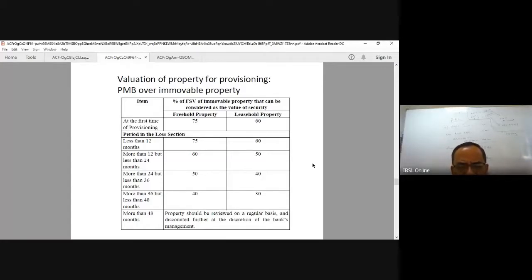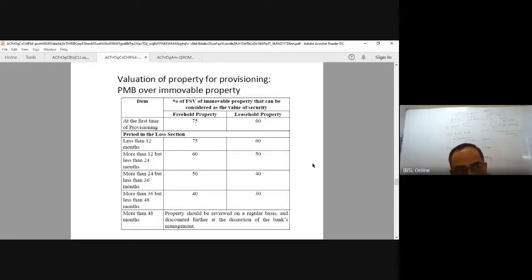Now, what do you mean by this percentage? Now, let us say your facility of this 100 million with a for sale value of 120 million property you have, and which is not paid for, it's in the loss section for 3 years, right? Less than 48 months, but not exceeding 4 years in the loss section. If it is so, here the guideline is 40%.